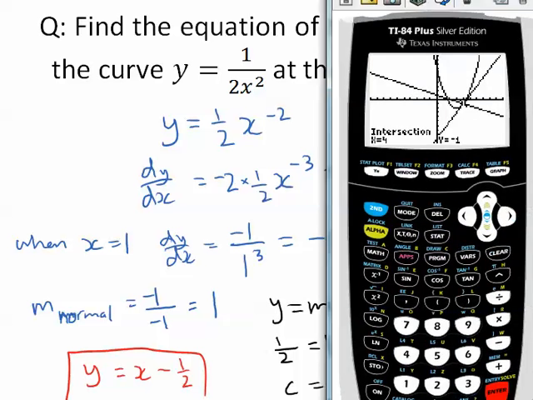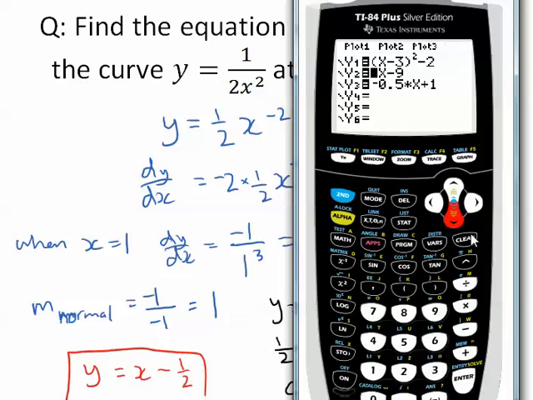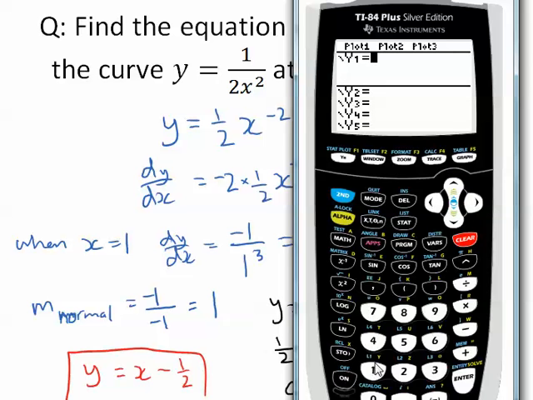And let's see what this looks like in the calculator. So I'm going to go and delete the other ones that we had. So the formula we have now is 1 over 2x squared. Make sure you put brackets around this.